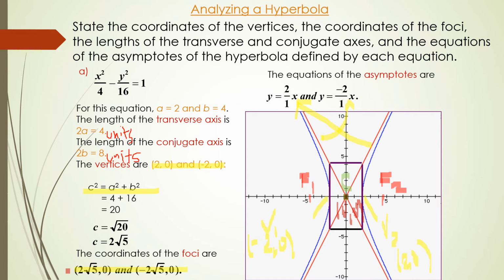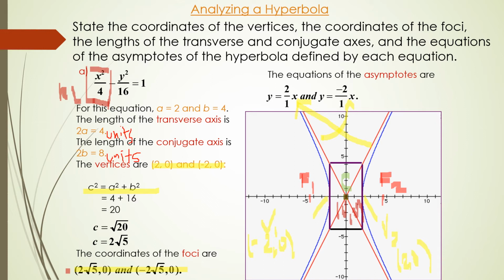Write it down so you know how wide your hyperbola is. Alright? Why is the opening left and right? Because it is horizontal. The x squared comes first and is positive. Whichever comes first before the minus sign, if x comes first, the opening is right and left. For example, if reversed: y squared over 16 minus x squared over 4.